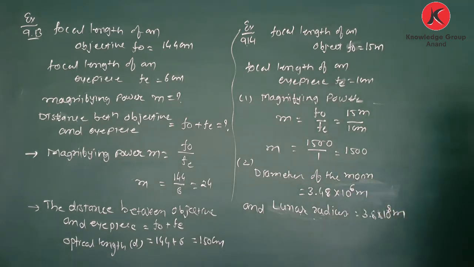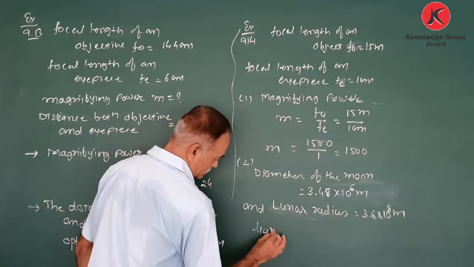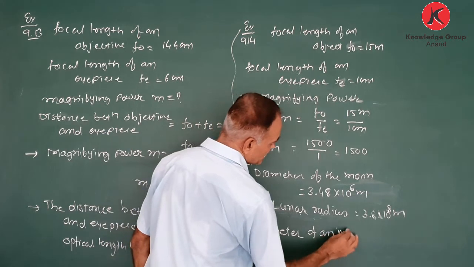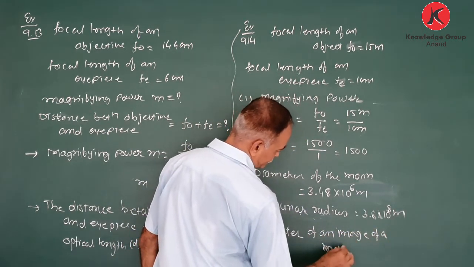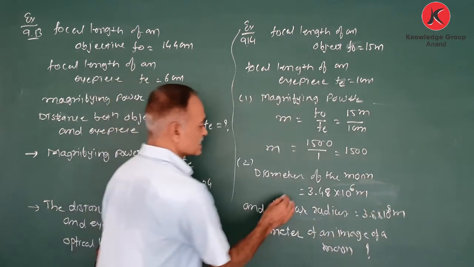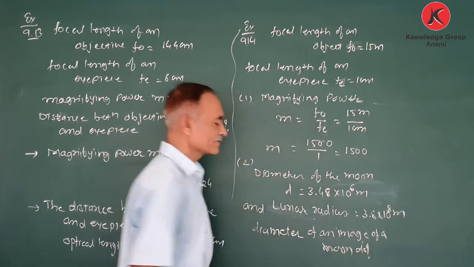Now we have to find out the diameter of the image of the moon. There is the D, there is the D dash, we have to calculate.